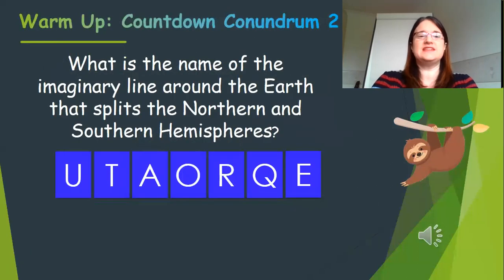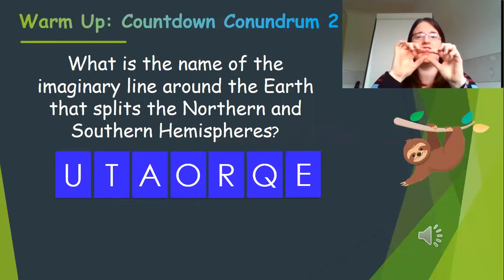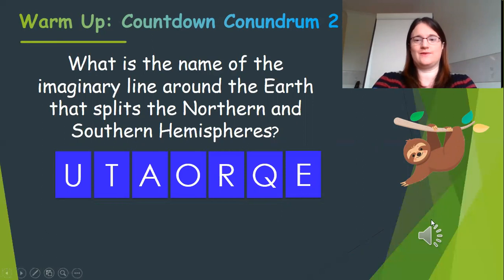Okay, ready for the second one? Here we go. What is the name of the imaginary line around the Earth that splits the northern and southern hemispheres? There's a line that goes all the way around the globe, all the way around the Earth. What is that line called? Ready? Off you go.